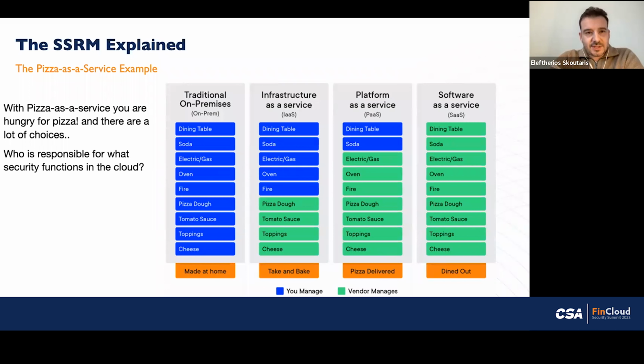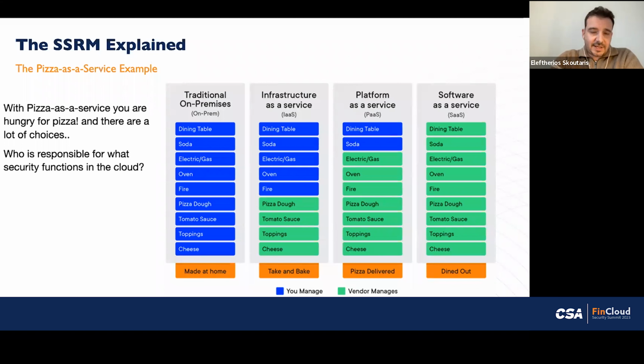Based on this analogy, there are plenty of options on how you could eat a pizza, and you would need to select the one that best fits your needs. You could either make a pizza at home, you could order it from your favorite delivery place, or you could go sit down at a restaurant and have it, right?